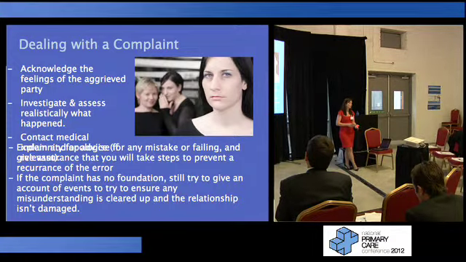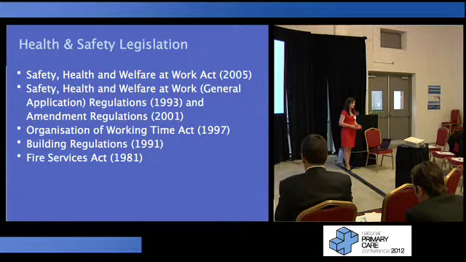And even if it turns out that you feel there's no foundation to the complaint, I think it's probably worth trying to preserve the relationship with almost everybody. Maybe occasionally it breaks down, but by and large, I think we try and give an account of what happened in order to clear up any reason why the patient feels aggrieved, even if there's no substantial aspect to it.